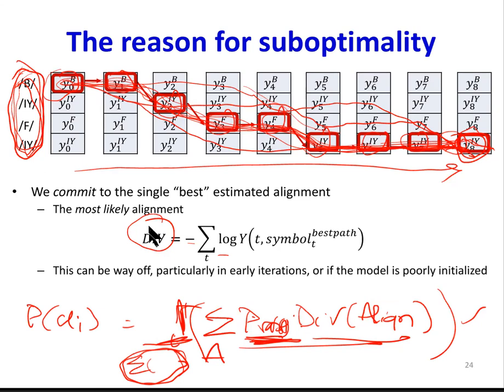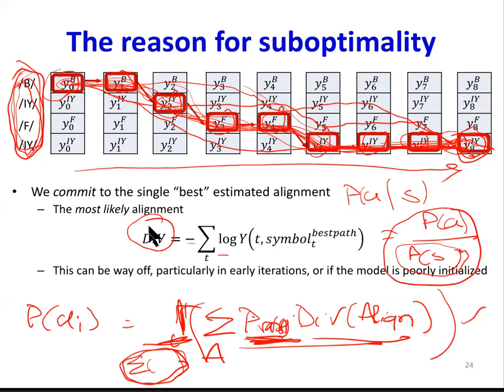Did that even make sense, or was it gobbledygook? Someone help me here. I'm saying that the probability of an alignment given the symbol sequence is going to be the probability of the alignment, which is the product of all of these symbols, divided by the probability of the symbol sequence, which is the sum of the probabilities of all the alignments, right?